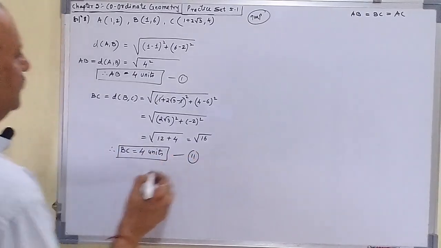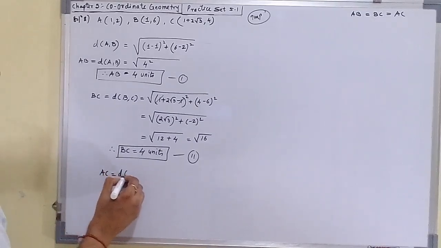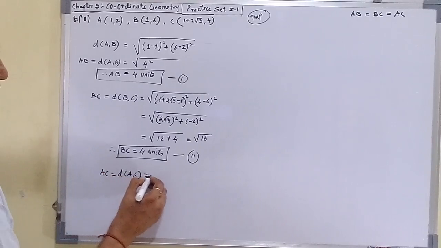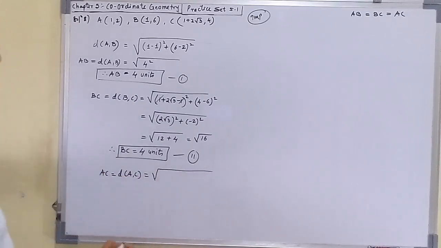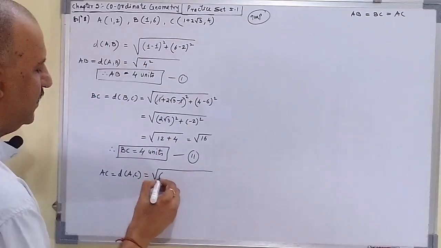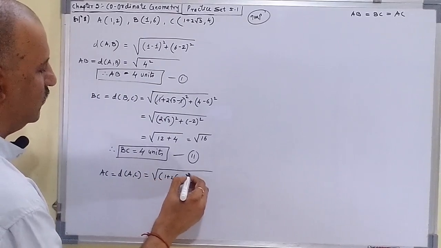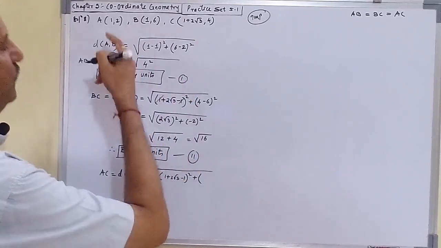This is our equation. Now we come to AC. AC is the distance between A and C. In the same way, x1 y1 x2 y2. So this will be 1 plus 2√3 minus 1 the whole square plus 4 minus 2.